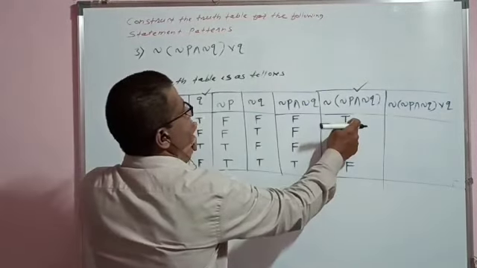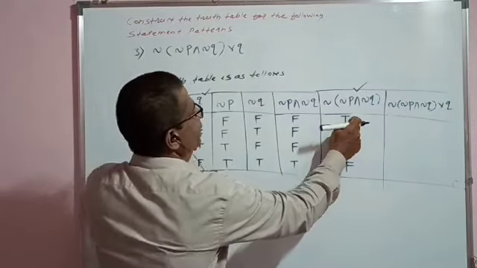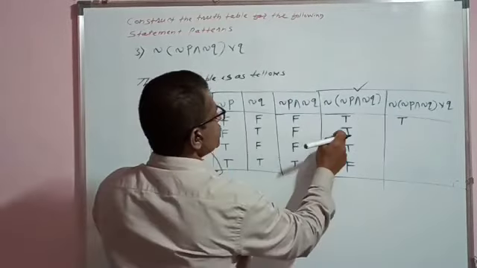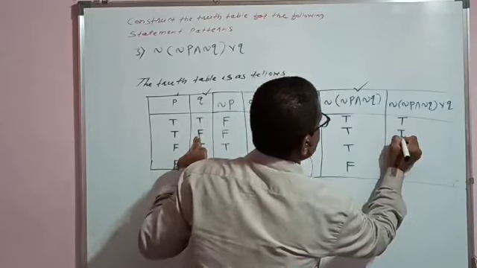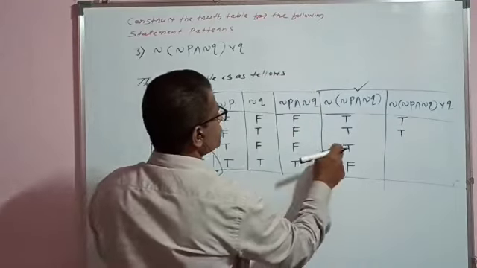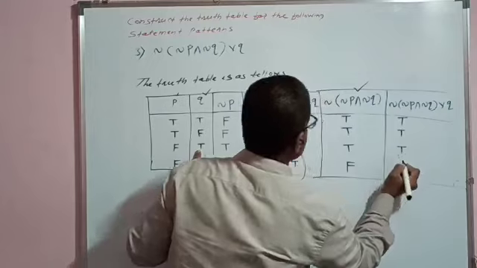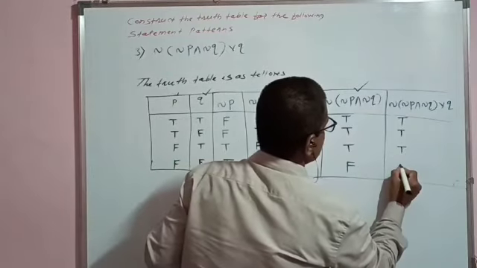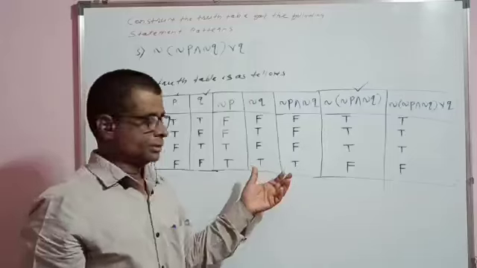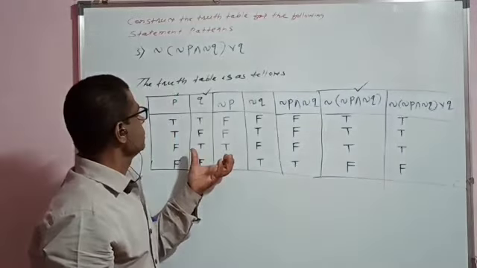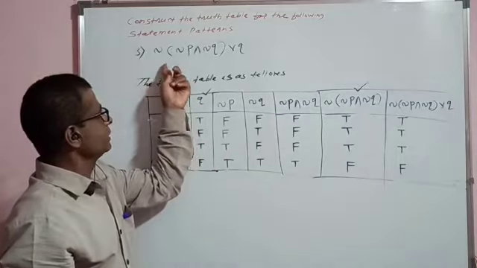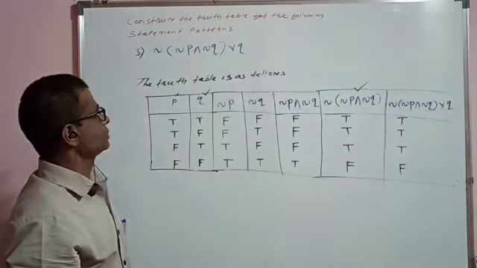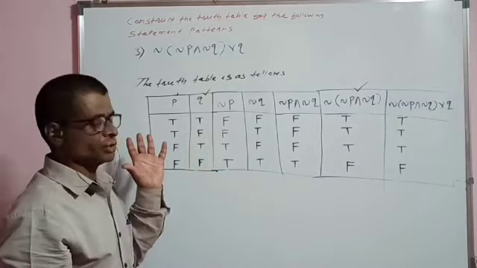So T disjunction T is T. F disjunction T is T. T disjunction T is also T. And F disjunction F is what? F. This is the truth table for the given statement pattern: negation of P conjunction negation of Q disjunction Q.